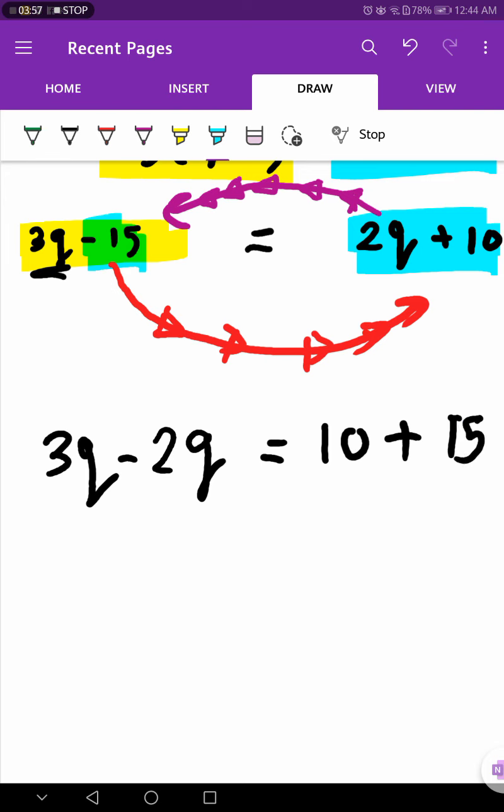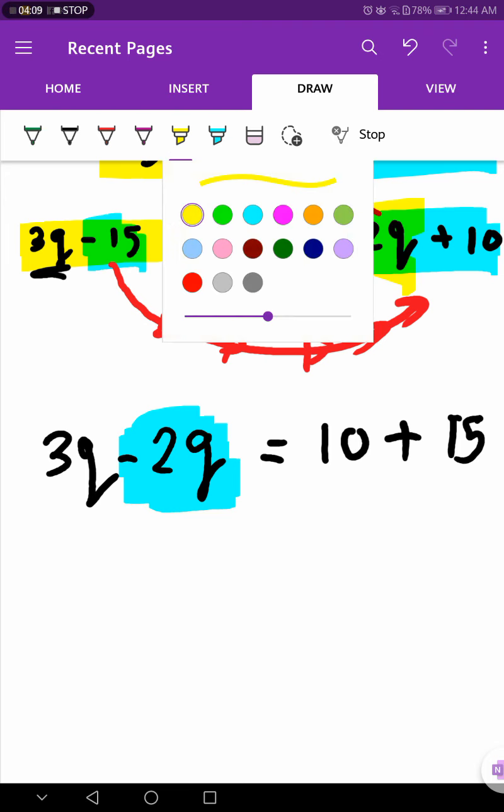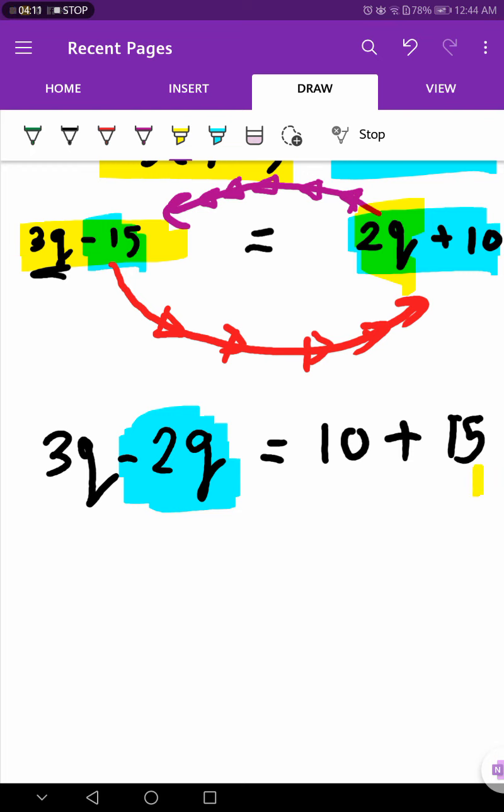So the terms that moved: the negative 2q came from the right side, and the 15 came from the left side. Okay, now I have left and right.